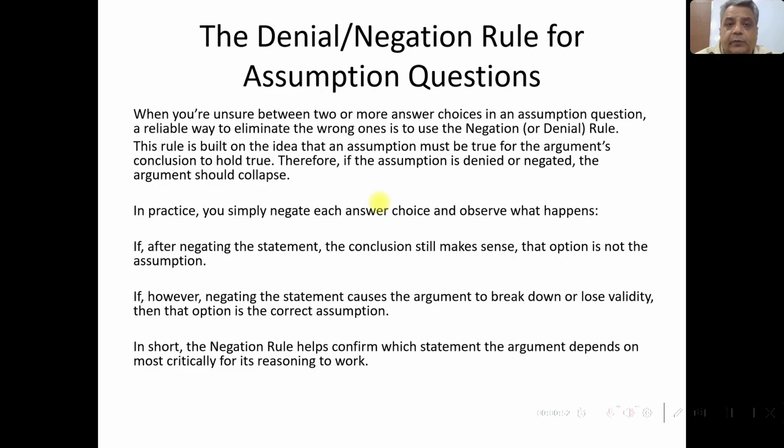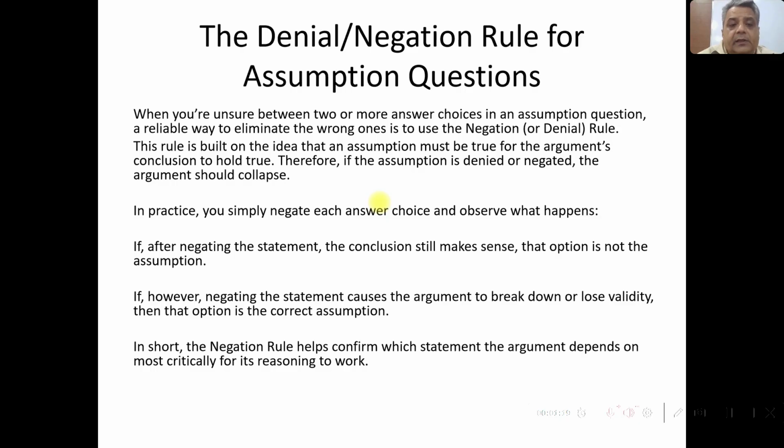The denial negation rule for assumption questions. When you are unsure between two or more answer choices in an assumption question, a reliable way to eliminate the wrong ones is to use the negation or denial rule. This rule is built on the idea that an assumption must be true for the argument's conclusion to hold true. Therefore, if the assumption is denied or negated, the argument should collapse.